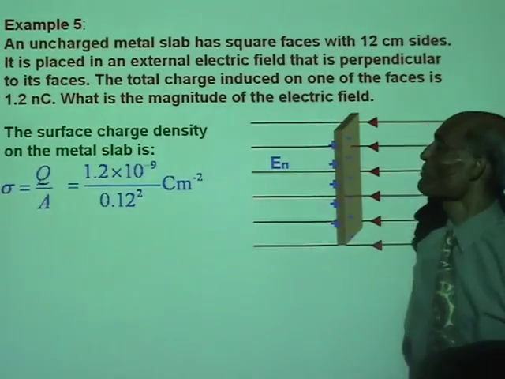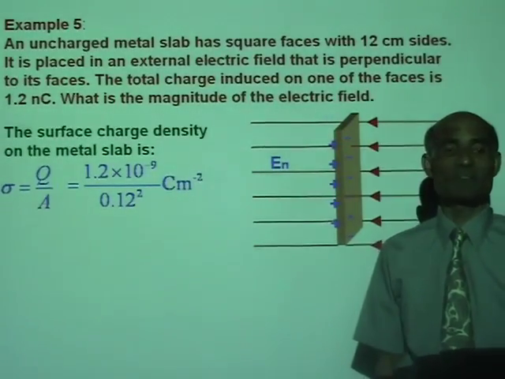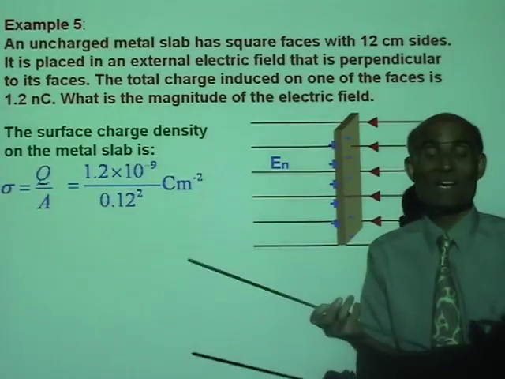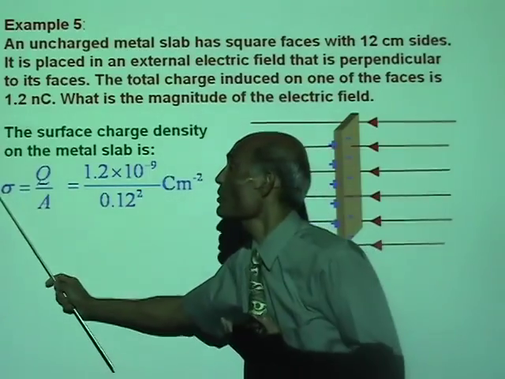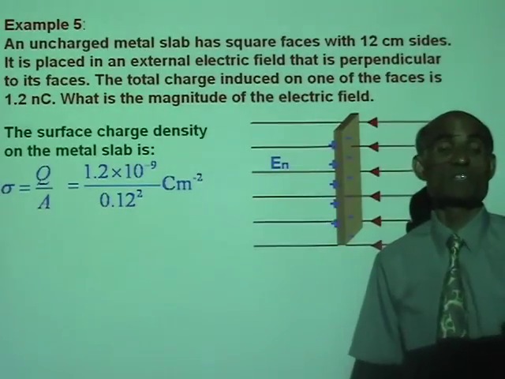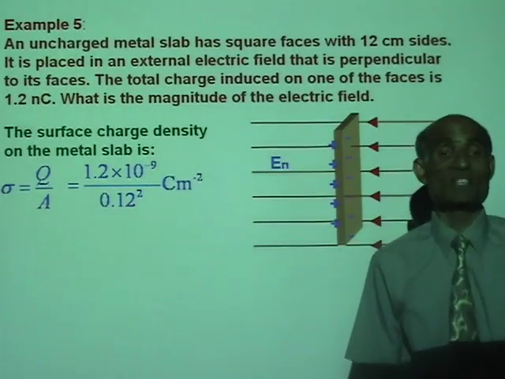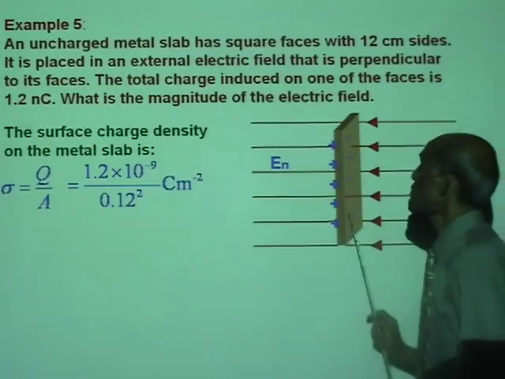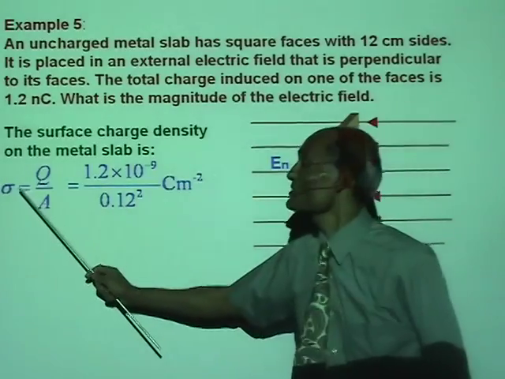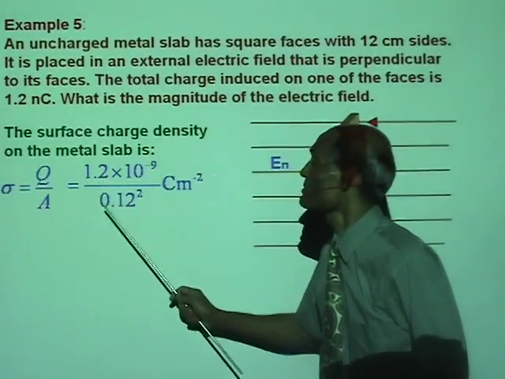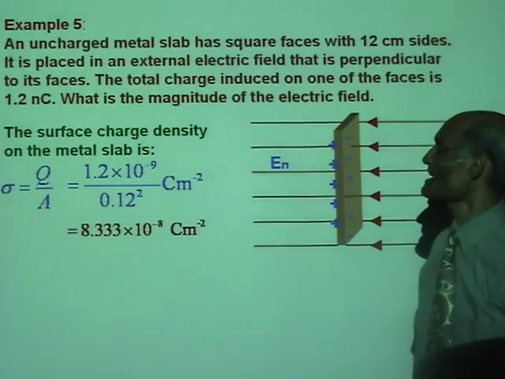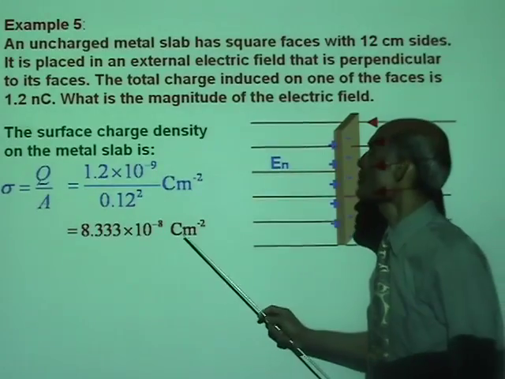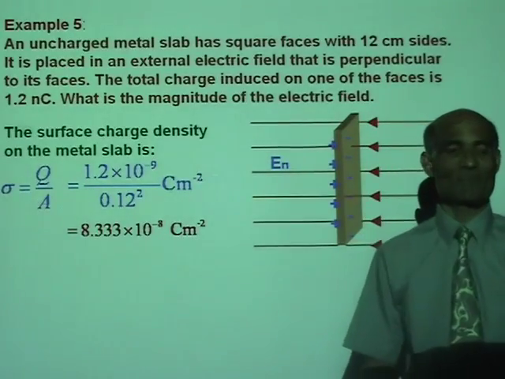So that is 1.2 times 10 to the negative 9. You see how quickly we can use that information to obtain a vital quantity, which is the surface charge density on this slab. The surface charge density is now equal to how much? 8.33 times 10 to the negative 8 coulombs per meter squared.